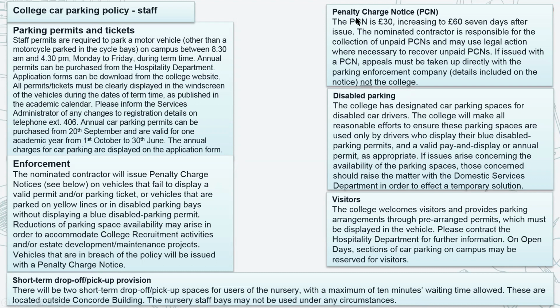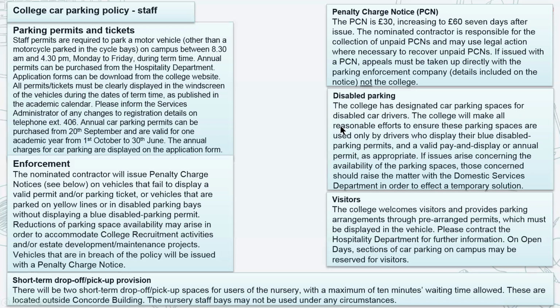Penalty. Actually, this is number 1, 2, 3. Penalty charge notice, PNC, 30 pounds, increasing to 60 pounds, 7 days after issue. The nominated contractor is responsible for the collection of unpaid charges. Disabled parking. So it's obviously parking for the disabled, designated car parking spaces for disabled car drivers.